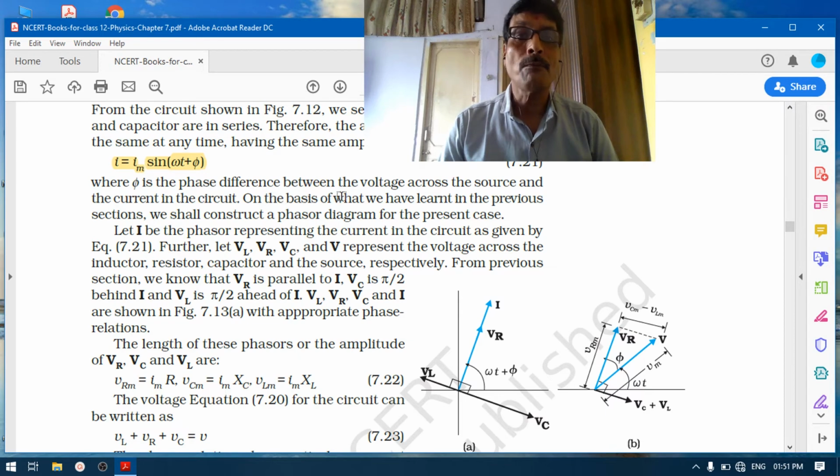On the basis of what we have learned in the previous section, we shall construct a phasor diagram for the present case. Let I be the phasor representing the current in the circuit as given by the figure.